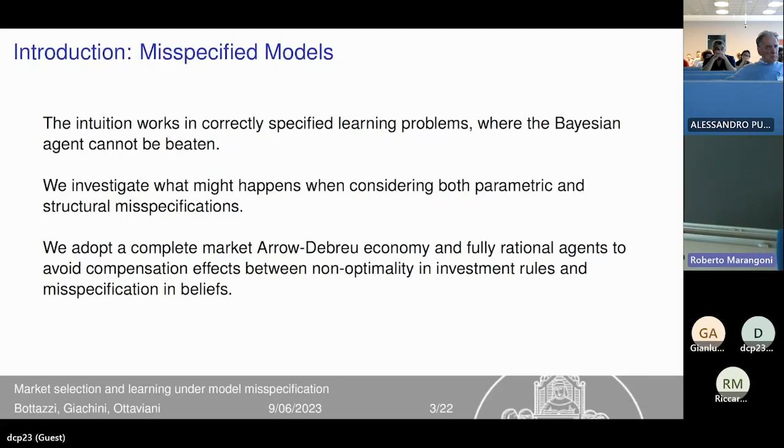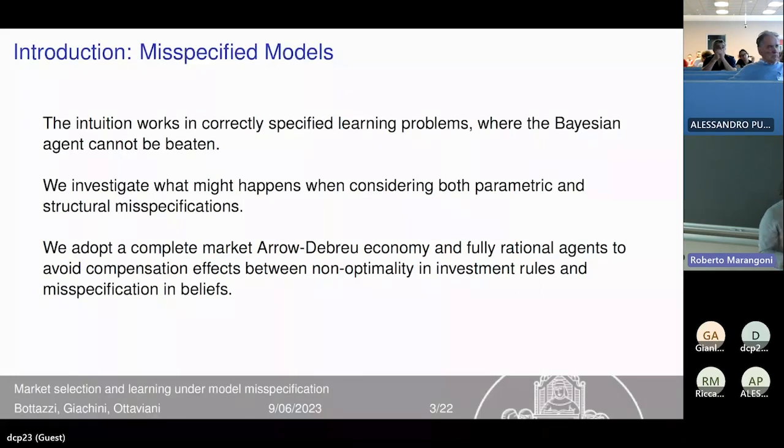Now, it might be, and this is pretty easy to find examples of, that the two things together can actually correct each other. So I might have agents that learn badly, so they have a bad learning algorithm, but they also make mistakes in using this information, and the mistakes they make actually correct the error that will be induced by a wrong learning mechanism.